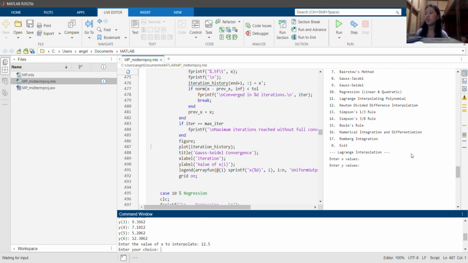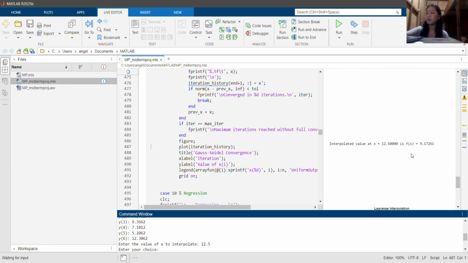And our value of x to interpolate is 12.5.